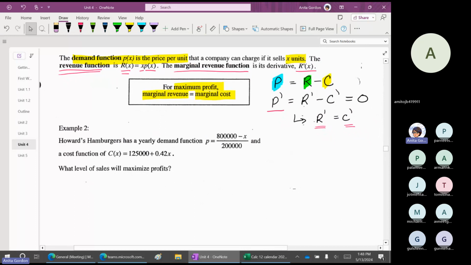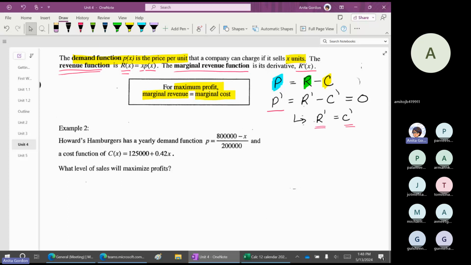Looking at this as a big picture, Howard's Hamburger has a yearly demand function of P equals 800,000 minus X over 200,000, and a cost function of C of X equals that number. Now, I have the cost function. I have the price per unit function.